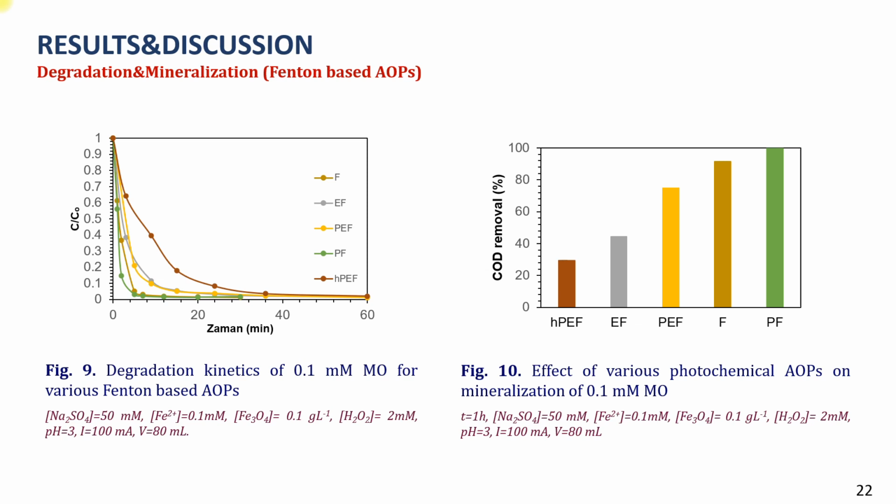The nearest approximations to these traditional processes were the photoelectro-Fenton and electro-Fenton processes respectively. When we compare the mineralization efficiencies within 1 hour, we see that the photo-Fenton process has the complete mineralization of methyl orange, whereas the Fenton process mineralized nearly 90% of it, followed by the photoelectro-Fenton with nearly 80% mineralization.